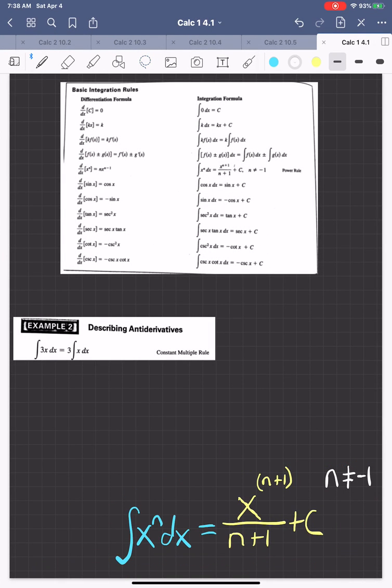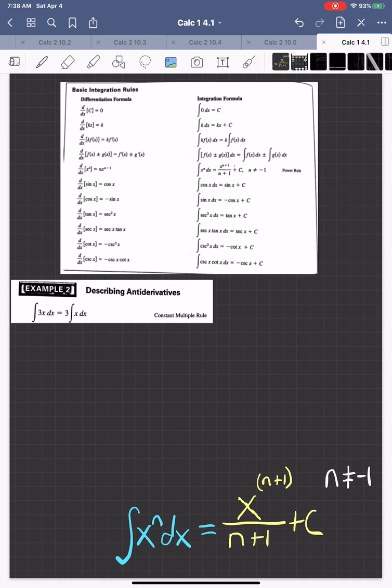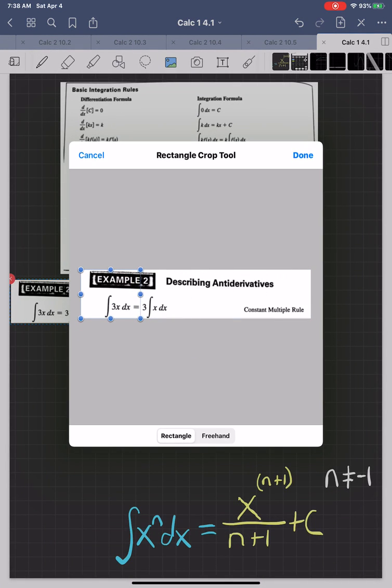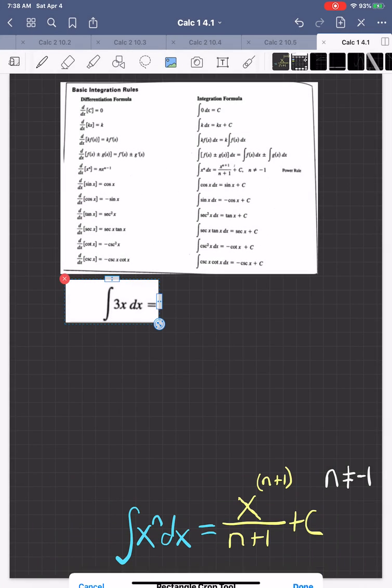All right. So ready? Let's go ahead and answer this question. We'll come back and refer to some of these integration formulas as we need them. I'm going to crop this. They're already telling you how to start.